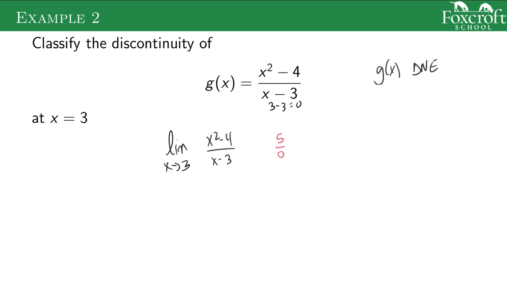If you don't get 0 over 0, that means nothing's going to cancel. If nothing cancels, then you can never plug in this number, which means this limit does not exist. So the function value doesn't exist and the limit doesn't exist either, so it's not a removable discontinuity. Which type is it going to be? It's going to be infinite.